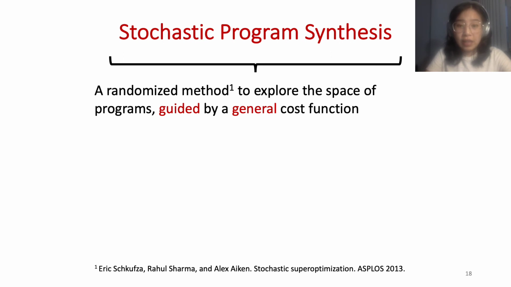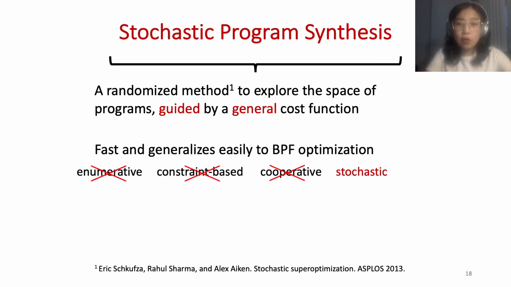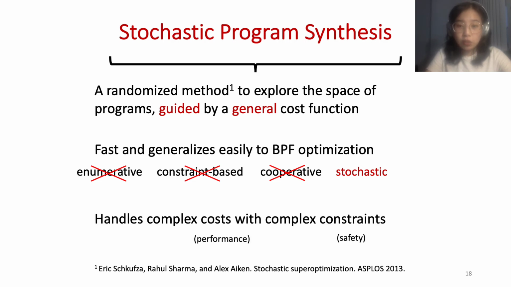The search is guided by a general cost function evaluated over programs. This is not the state-of-the-art approach to synthesis. However, compared to other approaches we considered, it's fast and generalizes easily to BPF optimization. Stochastic search can handle complex costs with complex constraints.